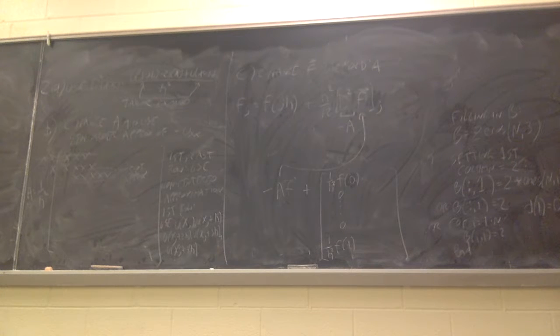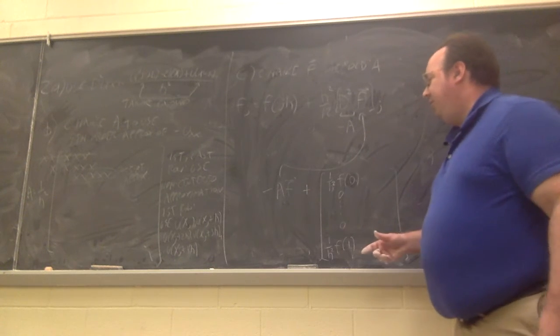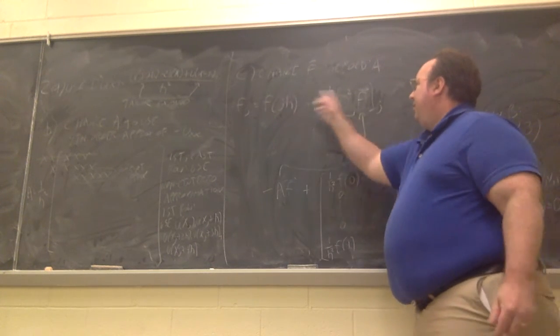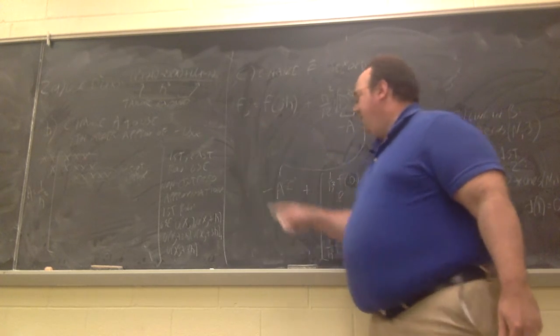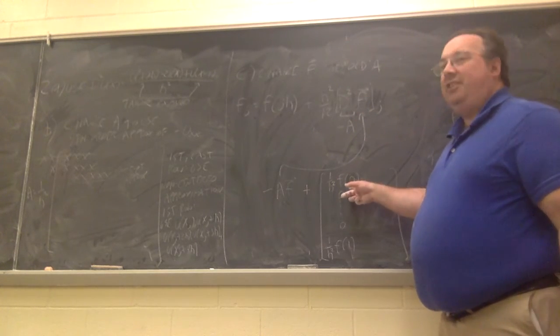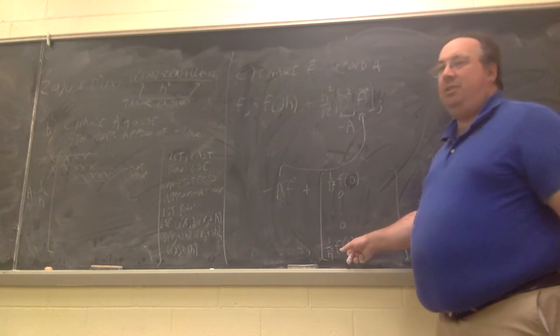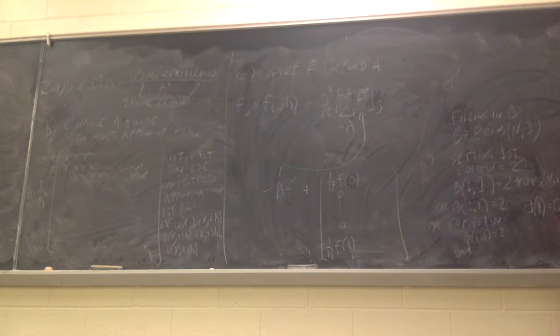Or since you're only changing the first and last elements, you can make this vector, and then you can say element 1 is itself plus this, and then element n is itself plus that. All right. So I don't really care how you do it.